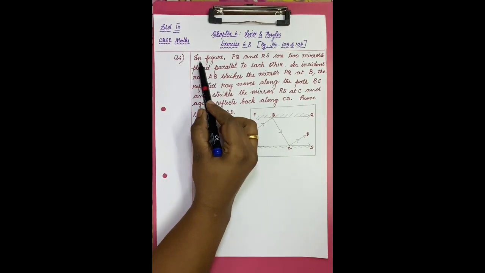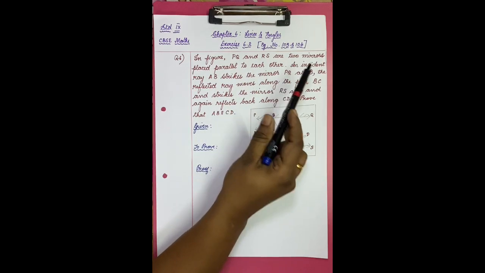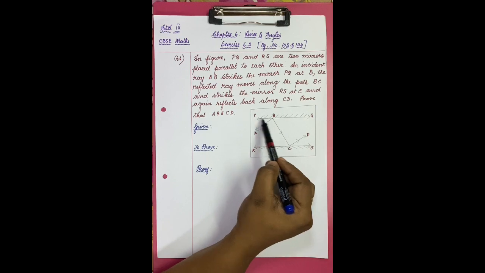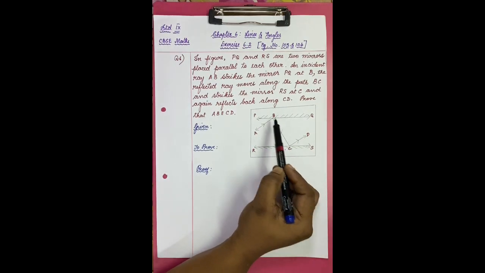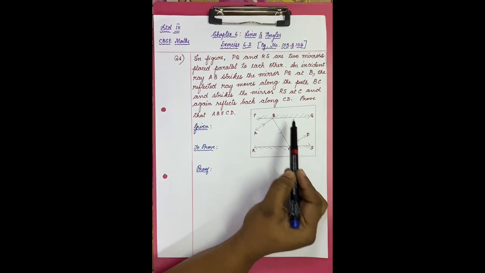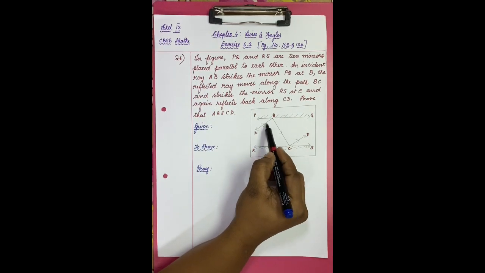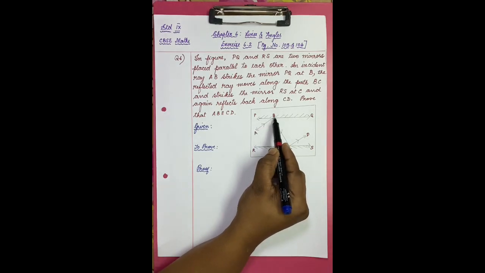If I just read it: in the figure, PQ and RS are two mirrors placed parallel to each other. PQ and RS are two mirrors, but we are going to draw them as two parallel lines. This AB is a light ray, and in physics, when it hits the mirror, it is called the incident ray.